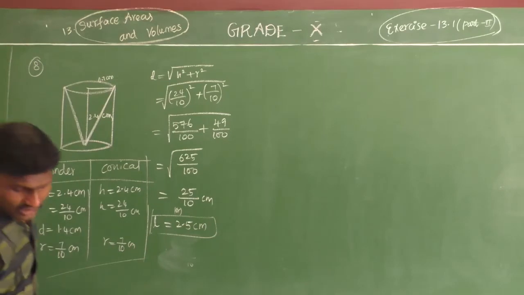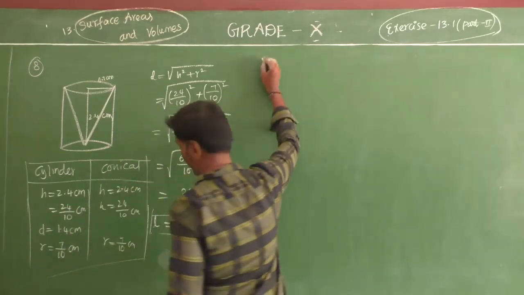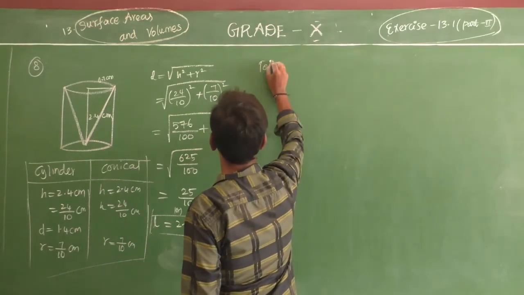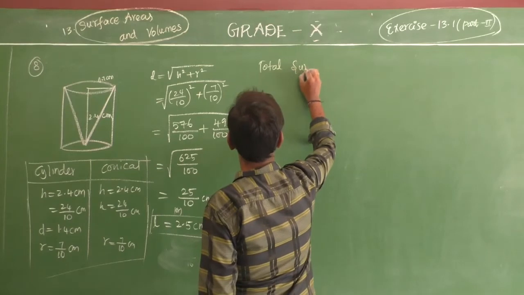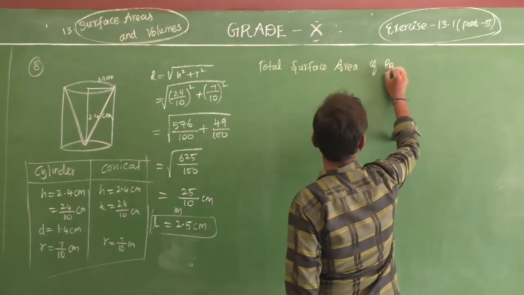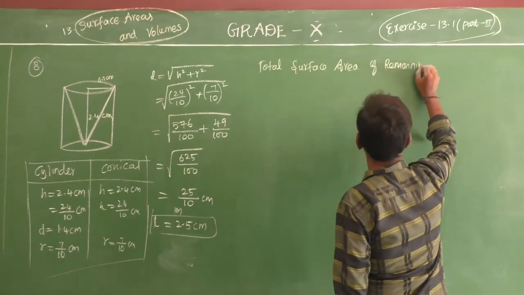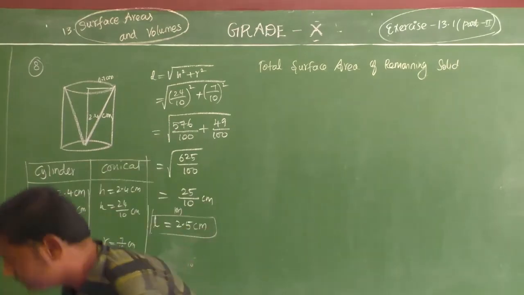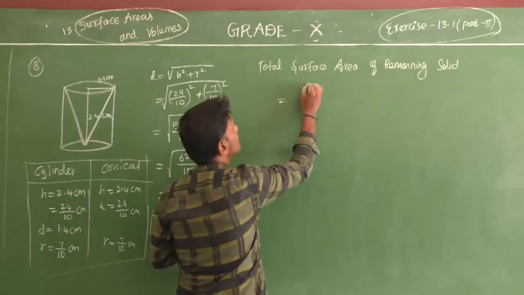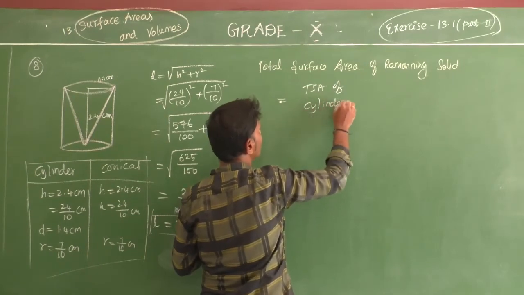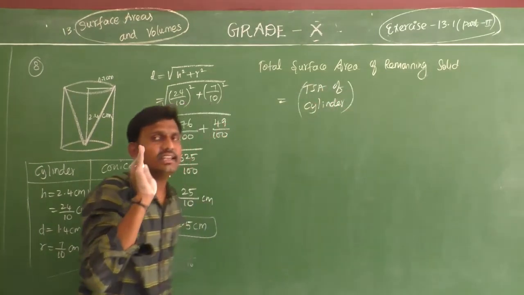And next step, we are going to find the total surface area of the remaining solid. Now TSA of cylinder. Don't see, listen carefully all of you.